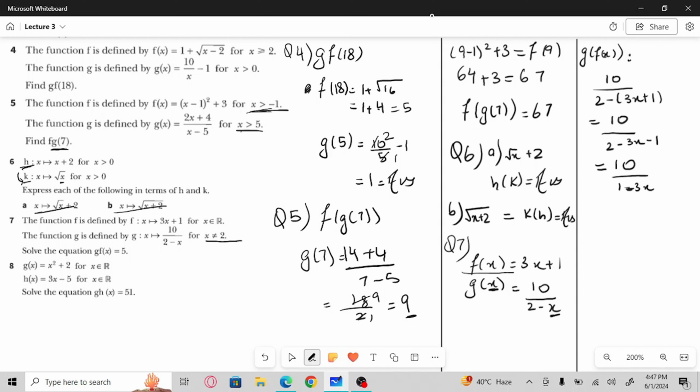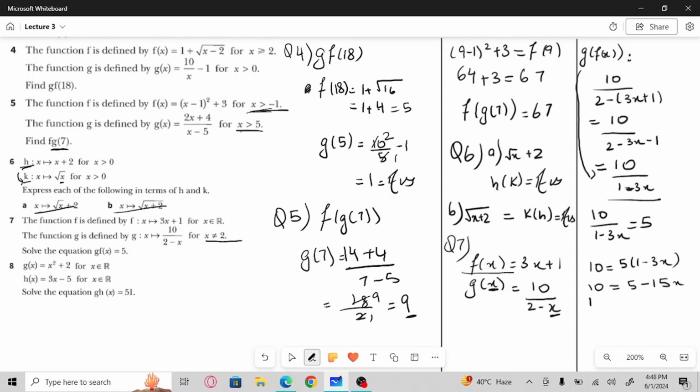And now we are going to say that this whole 10 upon 1 minus 3x is equal to 5, because this was equal to g(f(x)). So now we just multiply: 10 is equal to 5 times (1 minus 3x), so 10 is equal to 5 minus 15x.